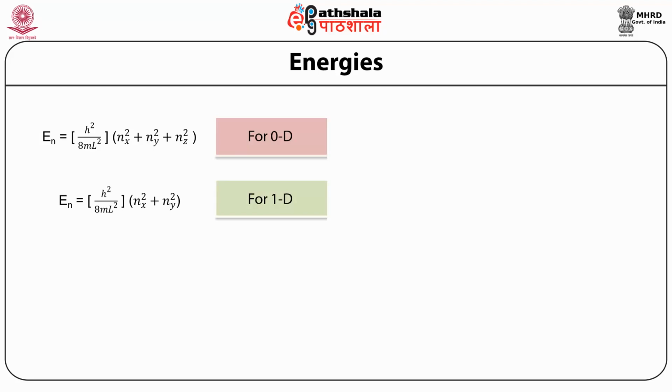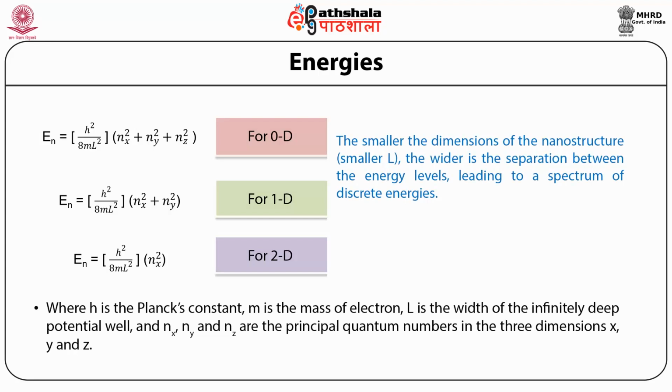For 1D, this equation changes and En is equal to h square by 8 m L square times nx square plus ny square. And for 2D, this equation turns out to be En is equal to h square by 8 m L square times nx square. From here, we can conclude that the smaller the dimension of the nanostructure, the smaller the length, the wider is the separation between the energy levels, leading to a spectrum of discrete energy.